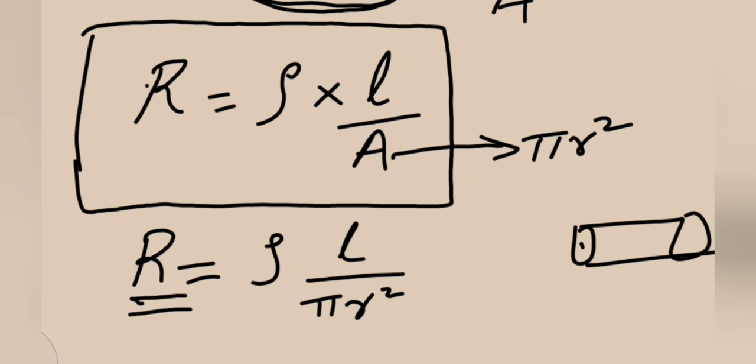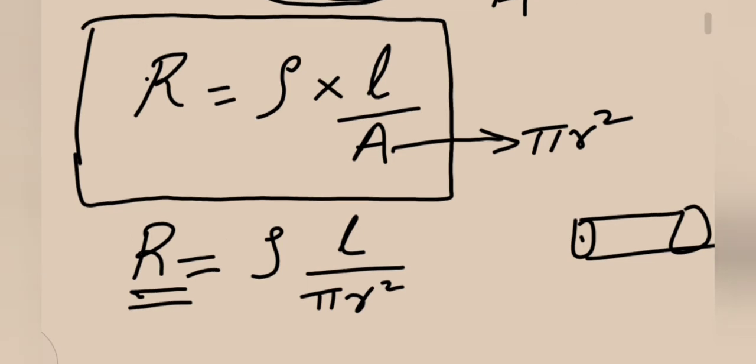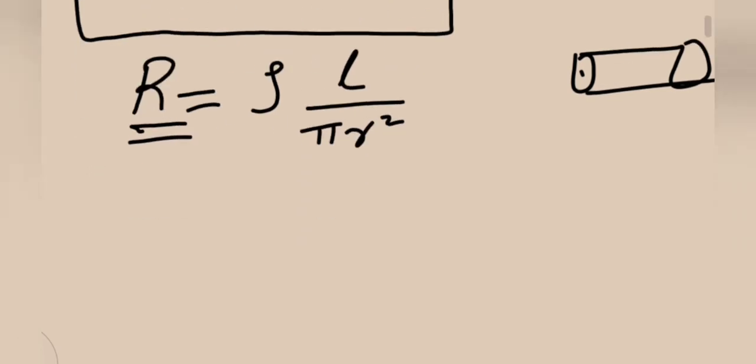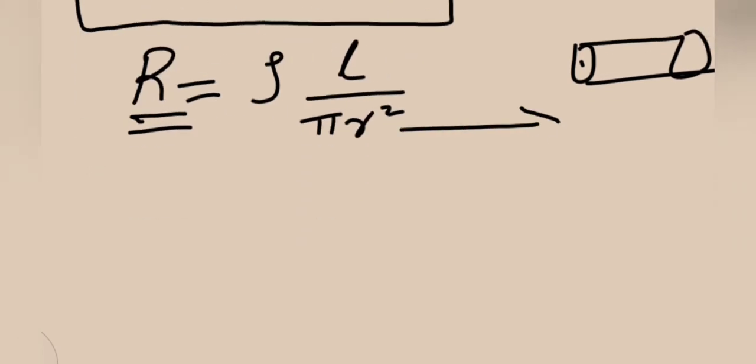Now let us define what is resistivity. I told that resistivity is not depending upon length and area. So let us see what actually is resistivity. I am going to rearrange this equation and write it in terms of resistivity rho.